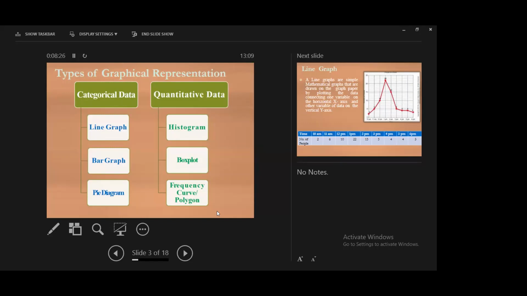For example, height can go up to 10 decimal places, it can go up to 20 decimal places, and so on, depending on how precise your measuring instrument is. So we have infinite possibilities. That is also quantitative. While when we talk about a count variable, then we say that there are distinct points, like chairs cannot be 2.5 in a classroom. Number of children cannot be 3.5 in a classroom, right? All these come under the quantitative variable category.